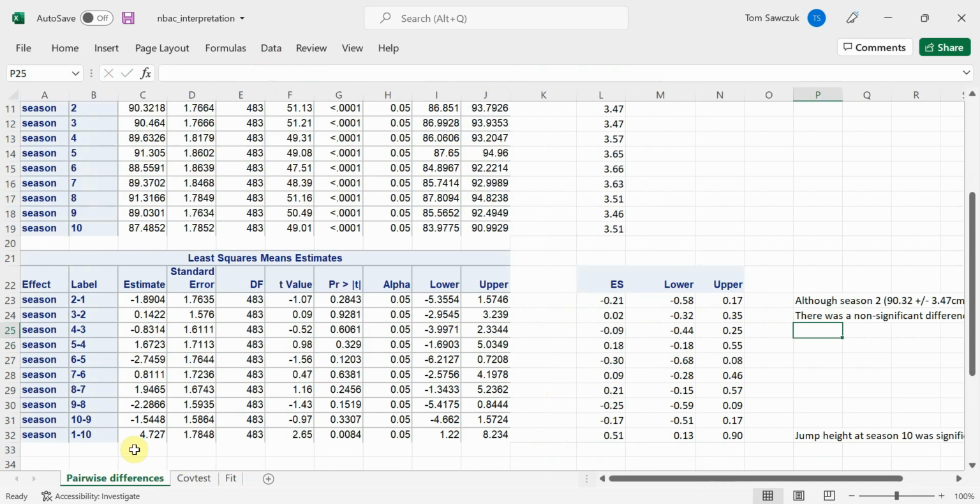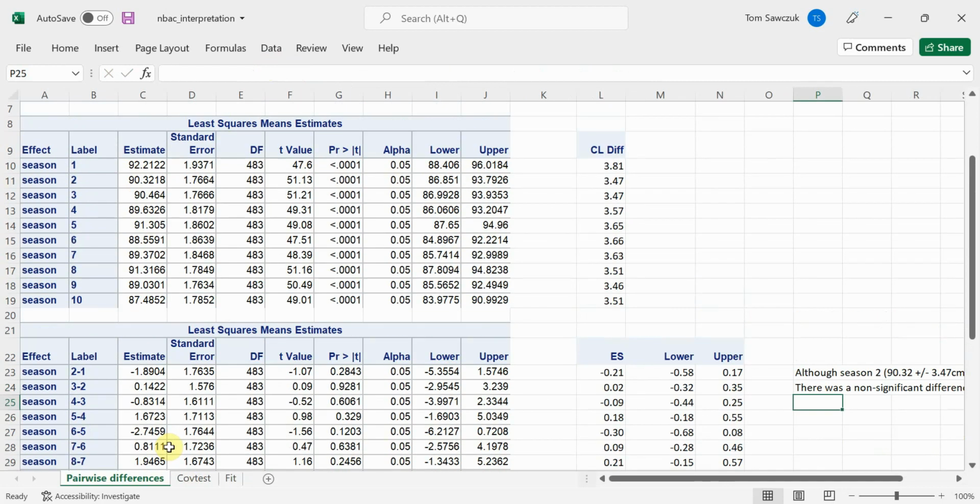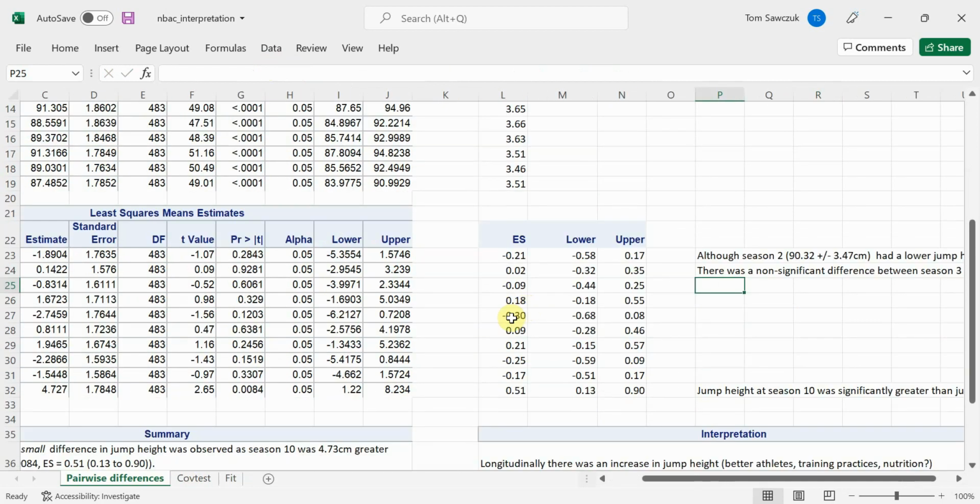However, when we look at the general trend from seasons 1 to 10, we can see that season 1 is 4.7 centimetres greater than season 10. And if you eyeball it, you can see that as well. And that is a significant difference.